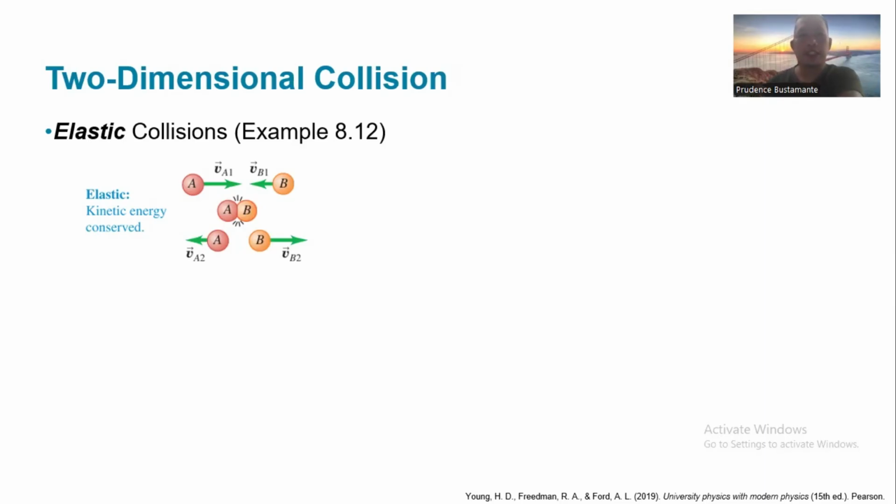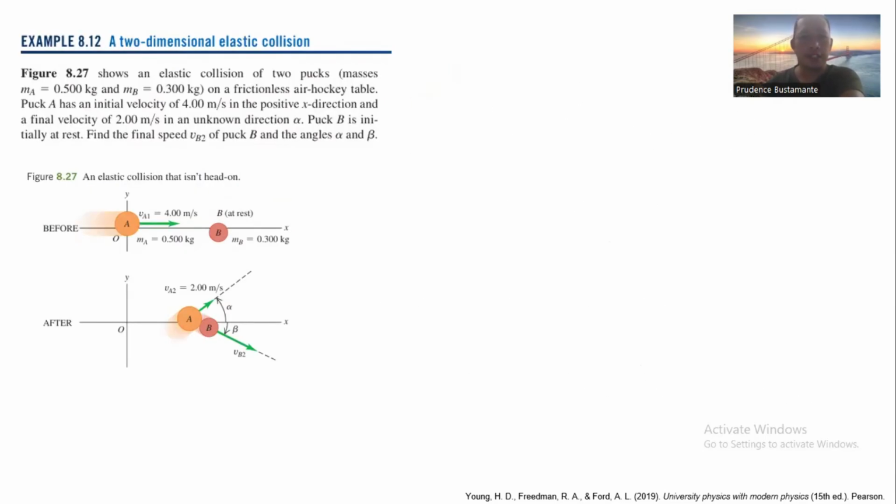So here we discuss example 8.12, a two-dimensional type of collision, which is an elastic collision in two dimensions. Let's read the problem first. Okay, the two-dimensional elastic collision.